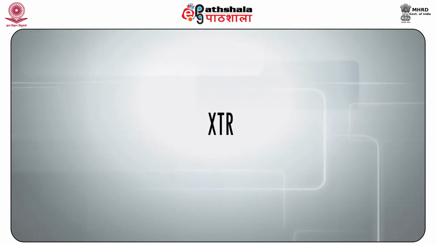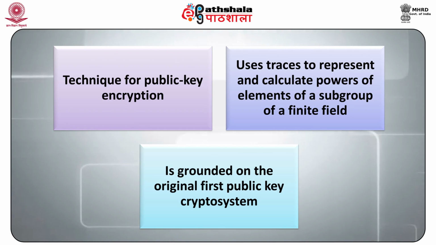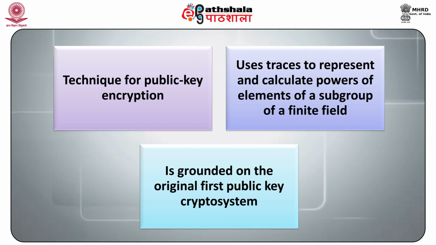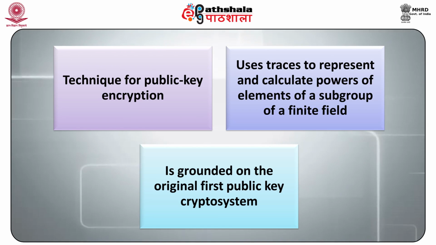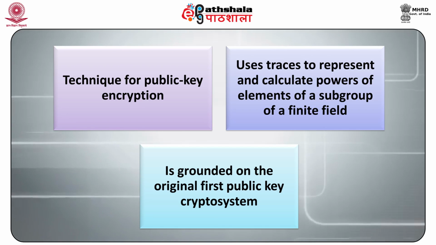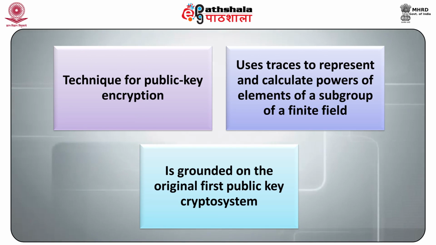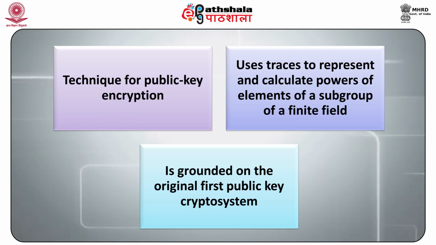Next is XTR. XTR is an encryption technique for public key encryption. XTR is a novel method that makes use of traces to represent and calculate powers of elements of a subgroup of a finite field. It is grounded on the original first public key cryptosystem, the Diffie-Hellman key agreement protocol.